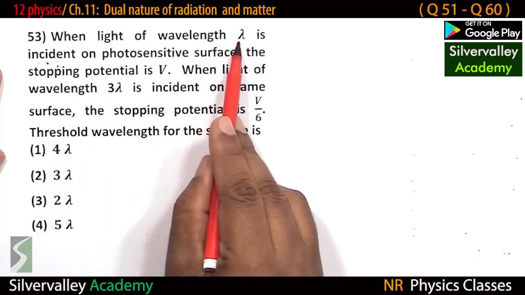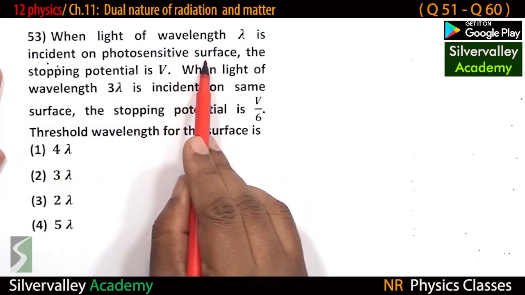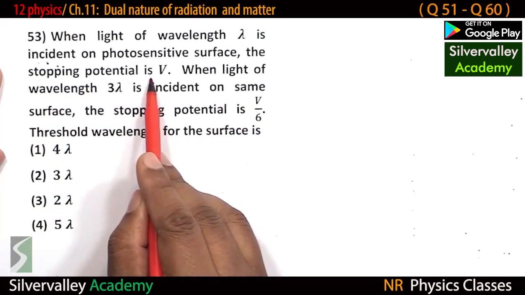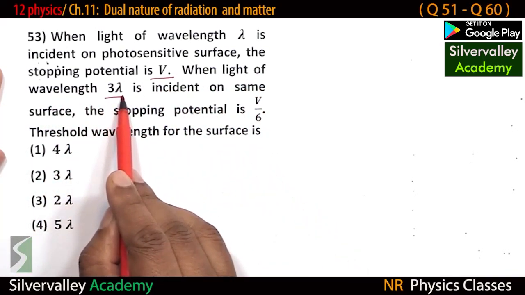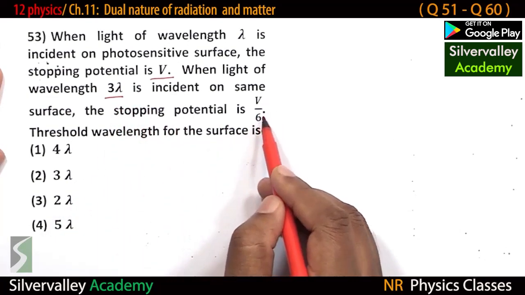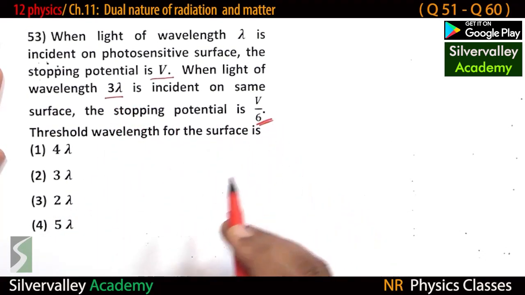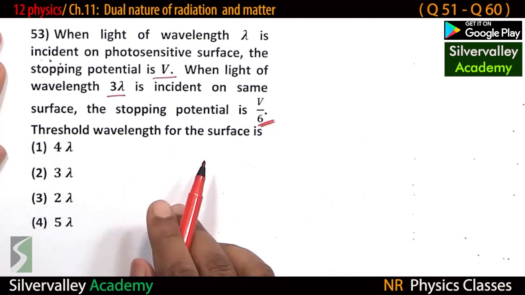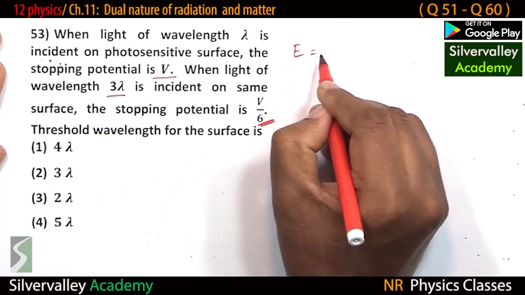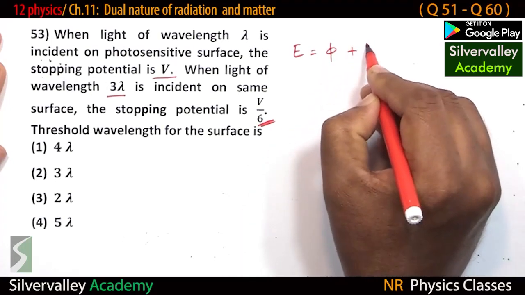When light of wavelength lambda is incident on the photosensitive surface, the stopping potential is V. When light of wavelength 3 lambda is incident, stopping potential becomes V by 6. Just like the previous problem, take the equation E equal to work function plus kinetic energy.